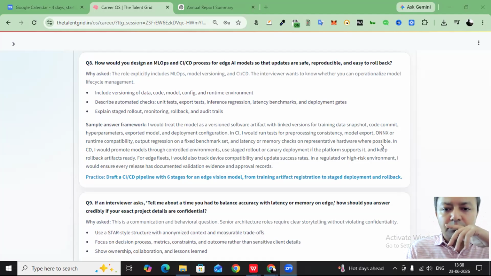And I would use a staged deployment with development, QA, and production environments, the three phases. In case we are building new models, they would first be deployed to a small subset of devices before the broader global rollout.